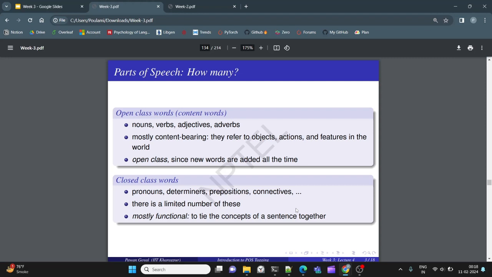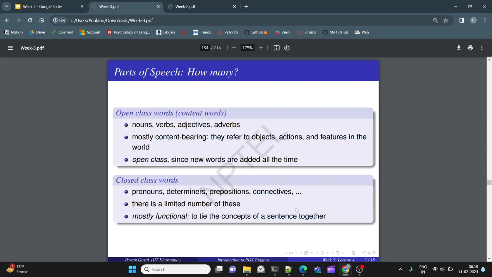For example, a noun is house, a verb is walk, an adjective is swift, and swiftly would be the adverb.